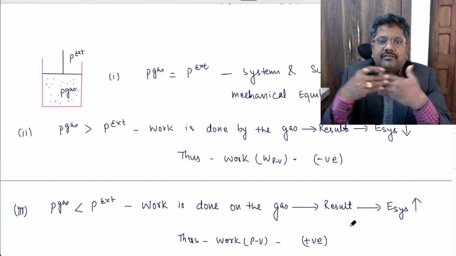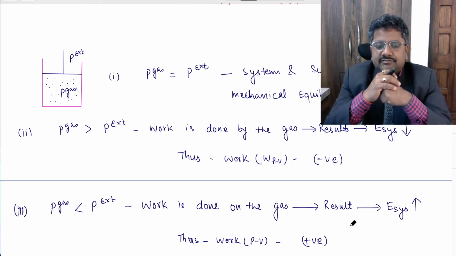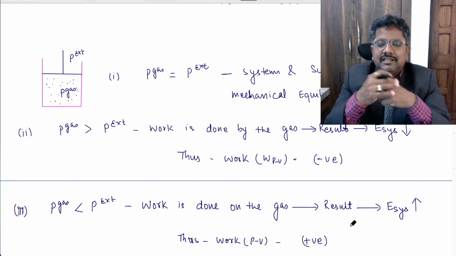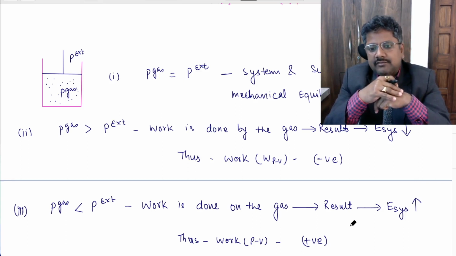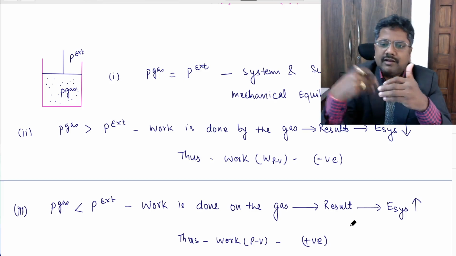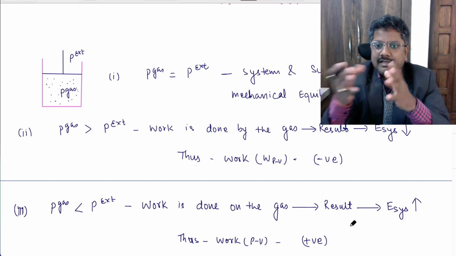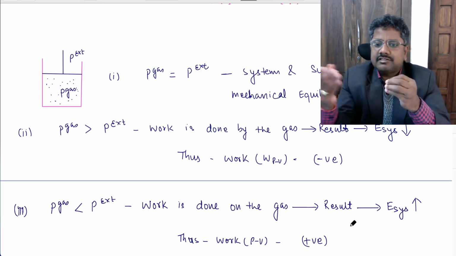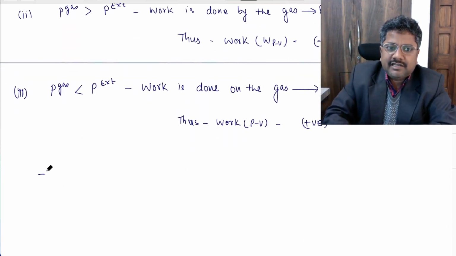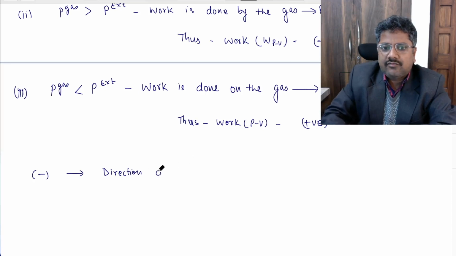So any factor which increases the energy of the system is taken positive, and any factor which decreases the energy of the system is taken negative. This is the sign convention in thermodynamics. So basically the sign indicates that energy is flowing from where to where. Negative sign means energy is flowing from the system to surrounding, right? So basically this sign gives the direction of flow of energy.